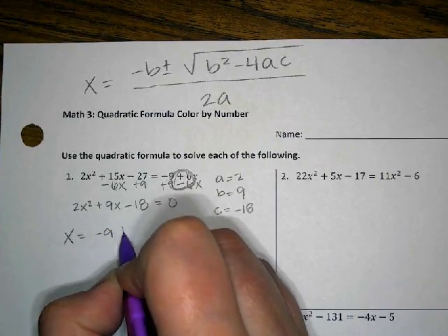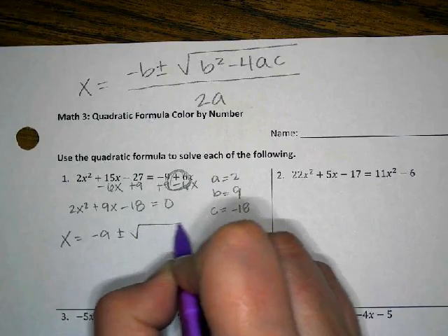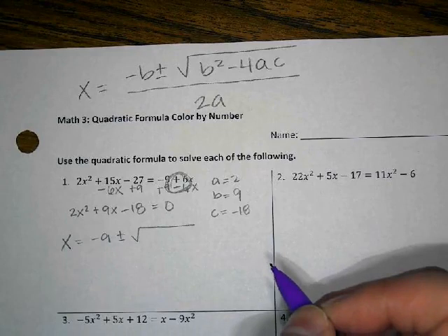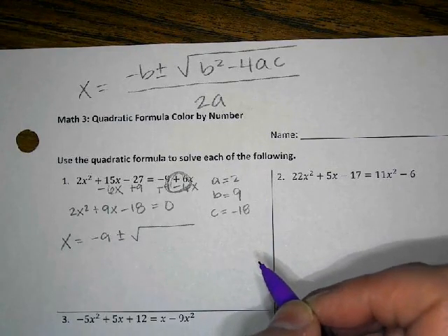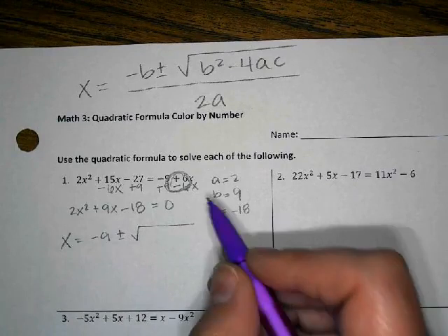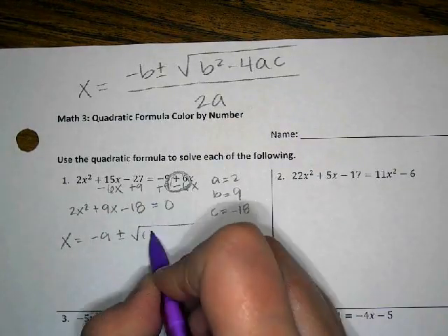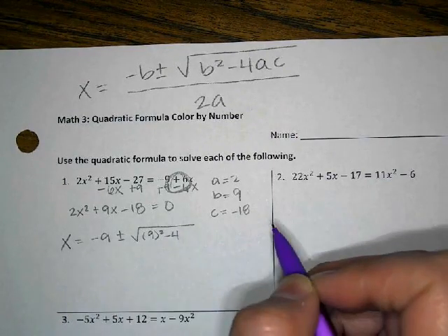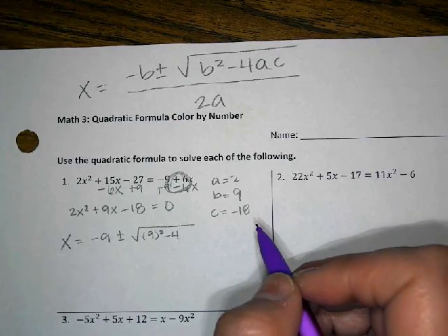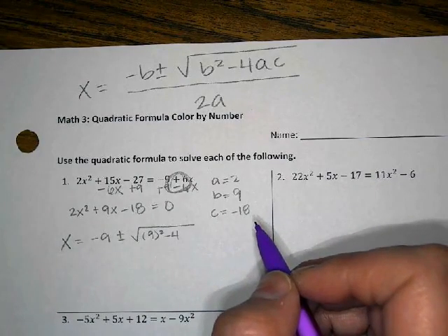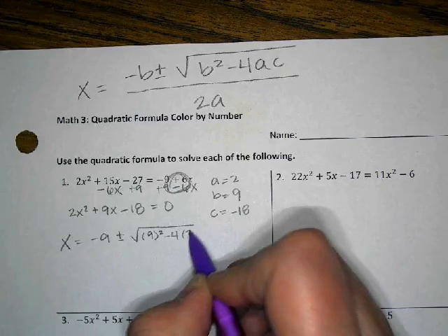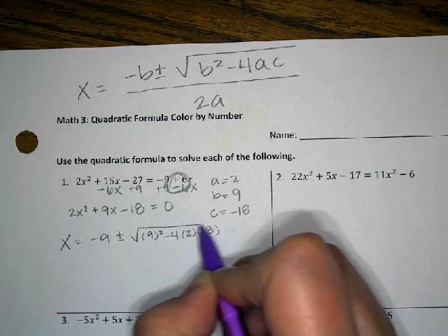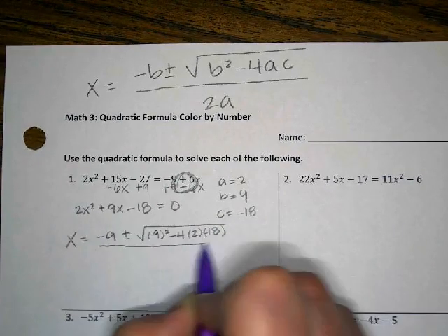And then what should we write? Nine squared minus 4 times 2 times -18, all divided by 2 times 2. Okay.